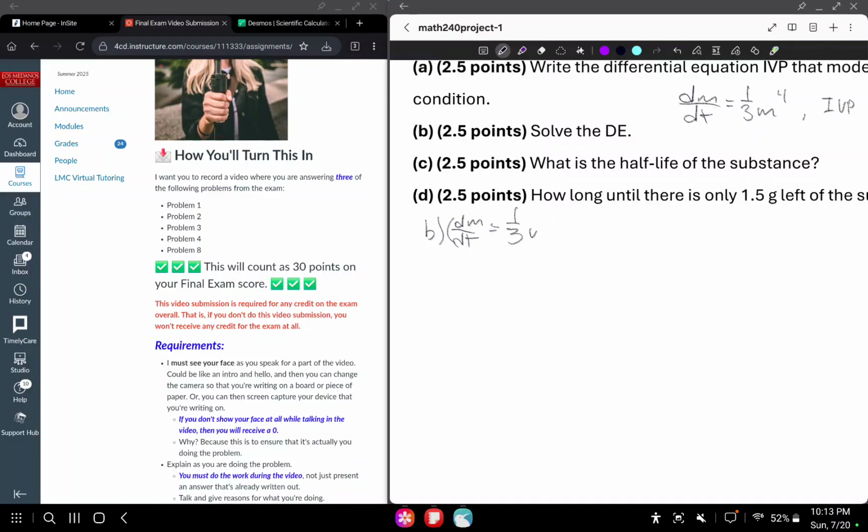1/3 m to the 4. Get m to the 4th power to the other side. So this will be 1 over m to the 4 equals dm dt.